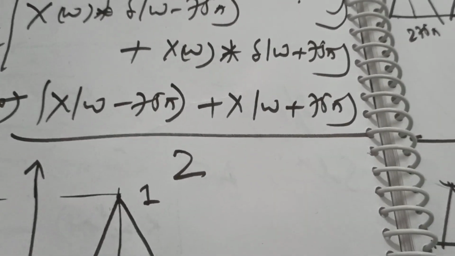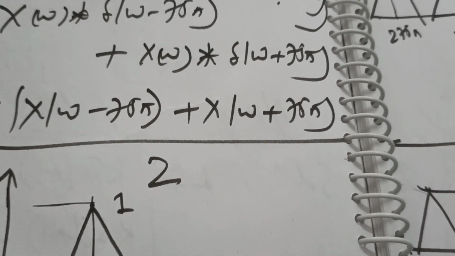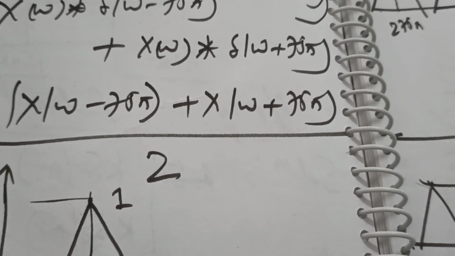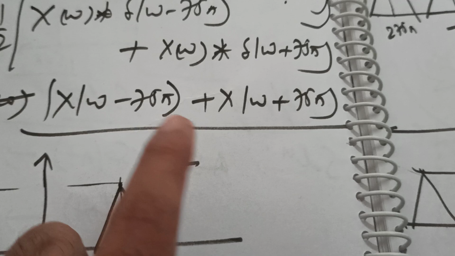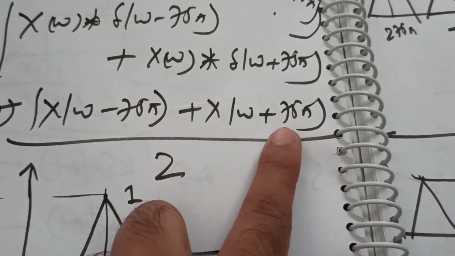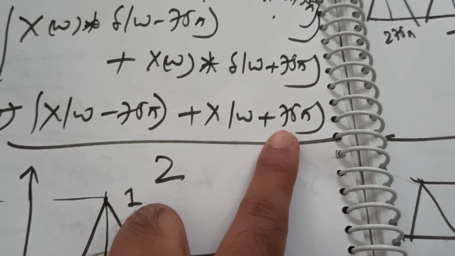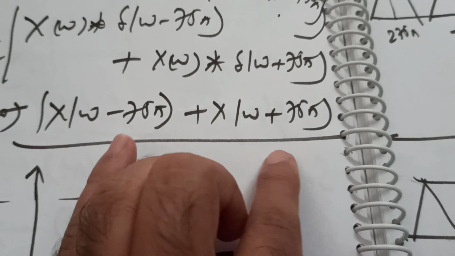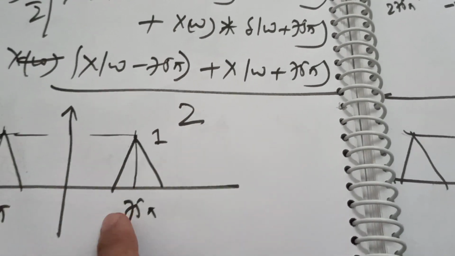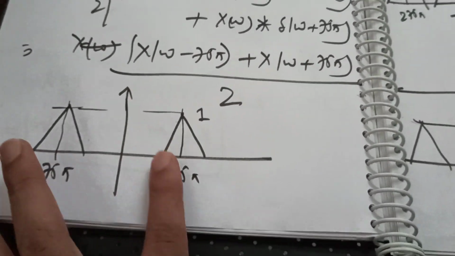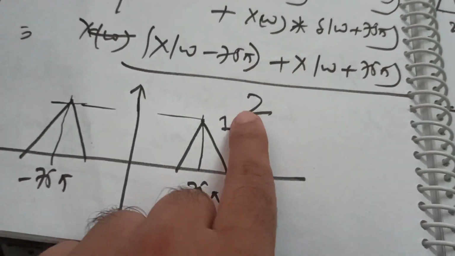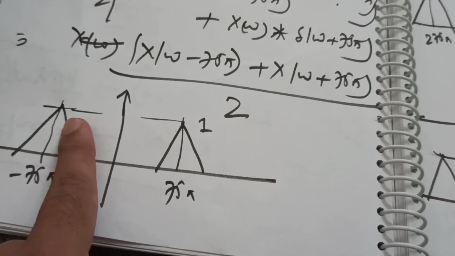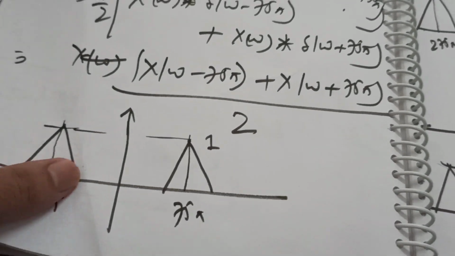X omega is the Fourier transform of x of t. Are you getting it? This shift has to be there, and once this shift is obtained, the amplitude is divided by 2, so it automatically comes out to be 1. Clear?